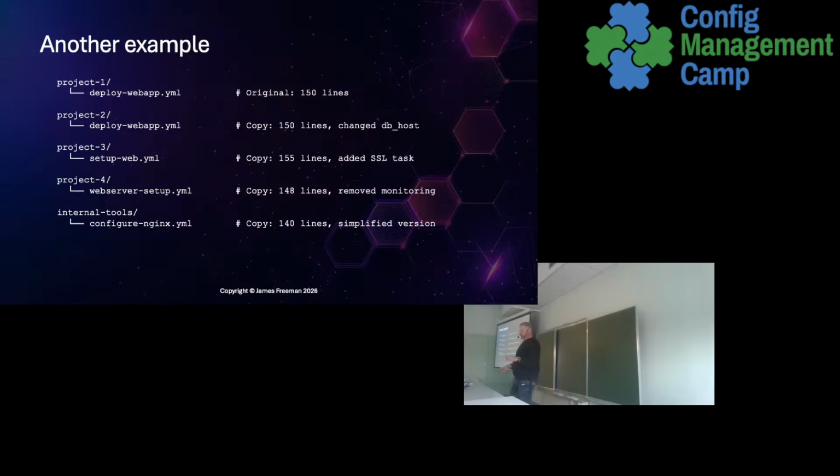So again, this is the kind of thing, I've got very old project directories which I've kept because I just need a record of what I did. Haven't had the time to invest in updating them and improving the principles in which they were done, but I've done things like this where you have the original code, you then create a copy, change a variable in it, let's say, then you add a task, and it just gets into a mess very, very quickly.